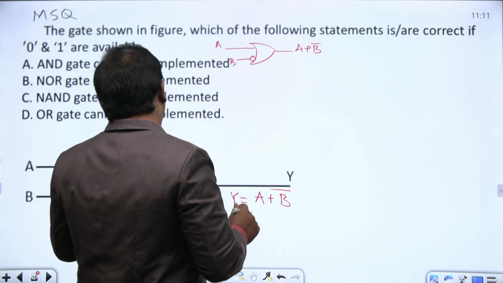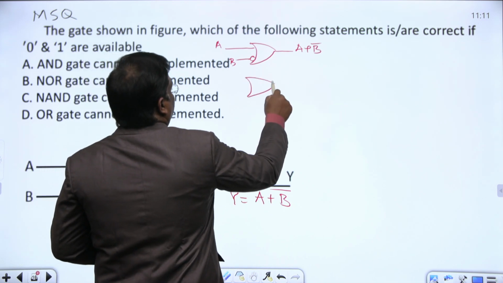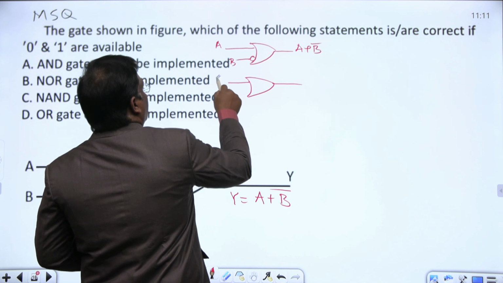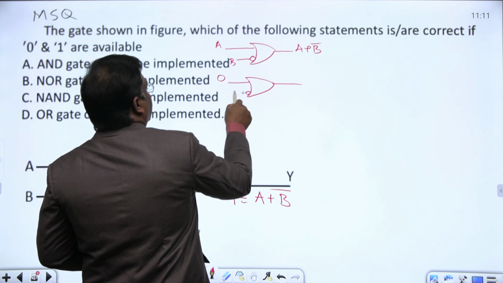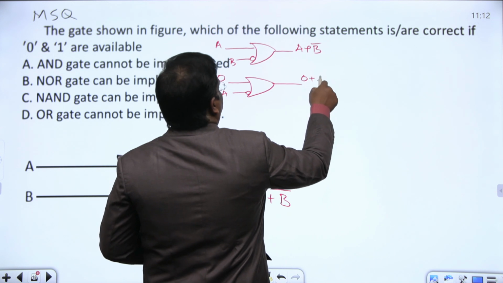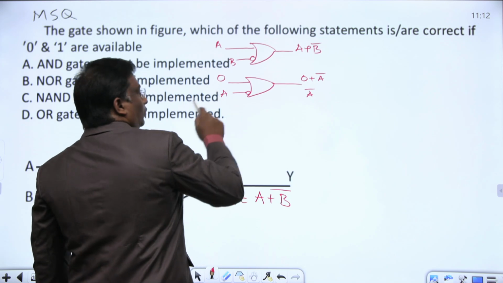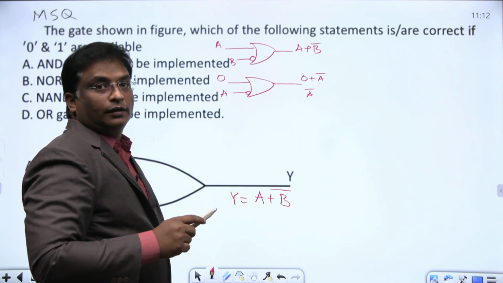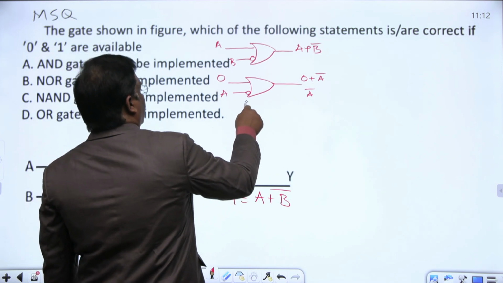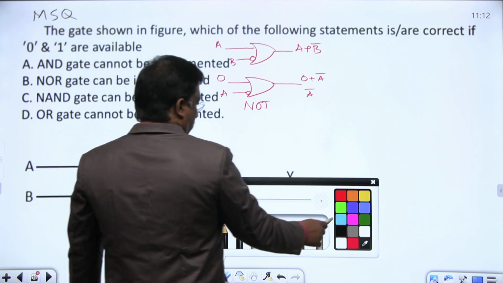Suppose for this one, if I take this input as 0 and give some A, what is the output I am getting? 0 plus A bar, or this is A bar. I am giving input A and getting output A bar, so which type of gate is it implementing here? NOT gate. Okay, it can implement a NOT gate.